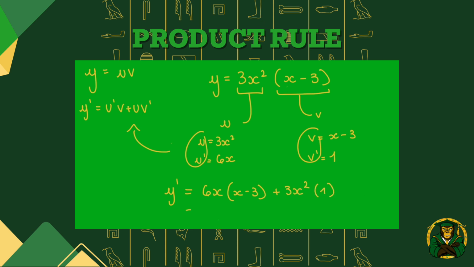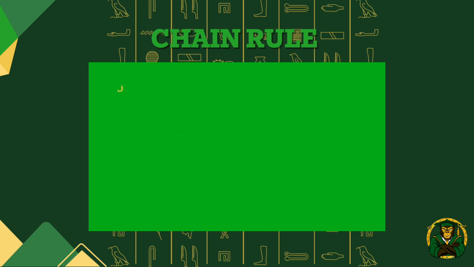Then you just expand the brackets, so 6x squared minus 18x plus 3x squared, which should just equal 9x squared minus 18x. That's it.